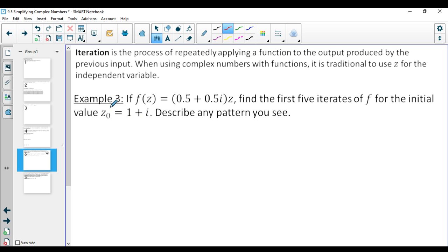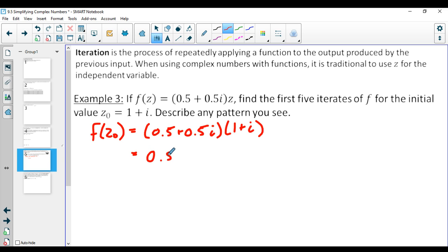So our initial one, we're plugging in f of z naught, which is 1 plus i, so we get 0.5 plus 0.5i, and then we multiply that by 1 plus i. And so what that's going to get us is 0.5, right?